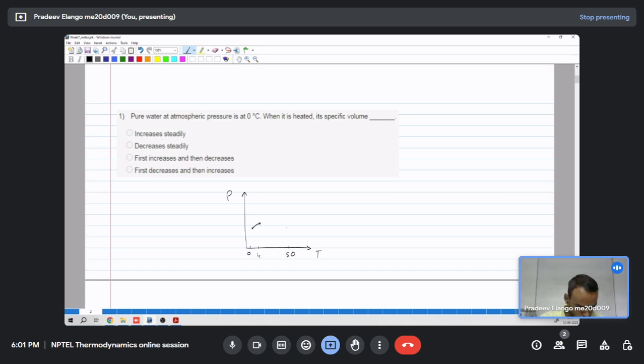Density becomes maximum at 4 and then it drops if you heat it further. The difference may not be very significant, but there is a small increase in density till 4 degrees Celsius and only then it decreases. So in terms of specific volume, which is inversely proportional to the density, it will first decrease and then increase.